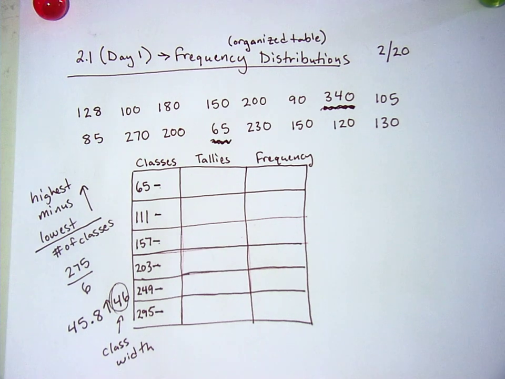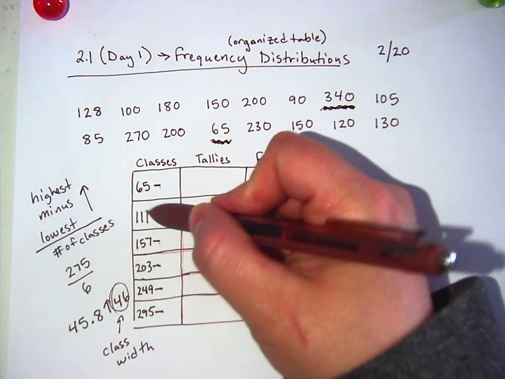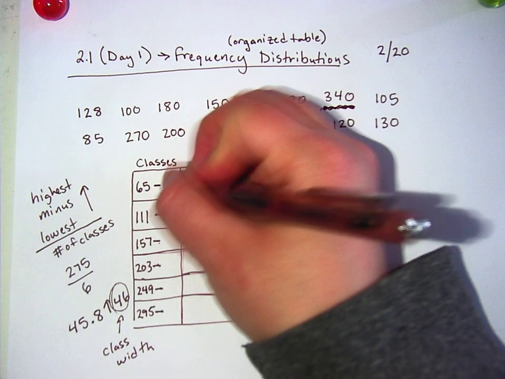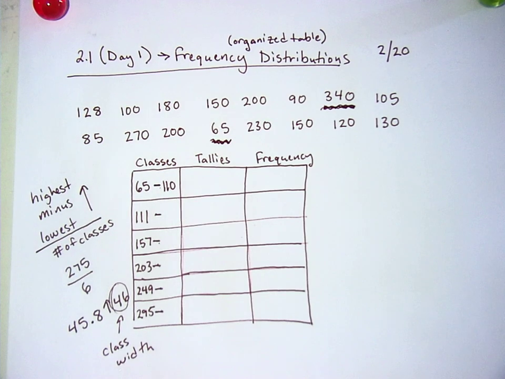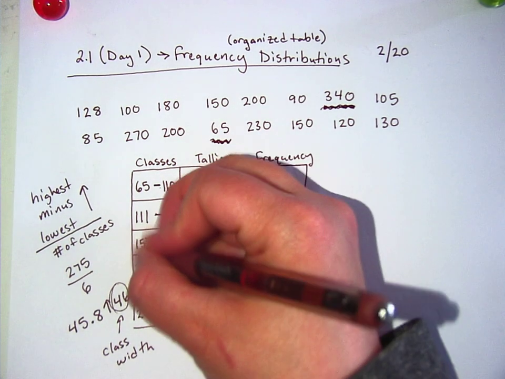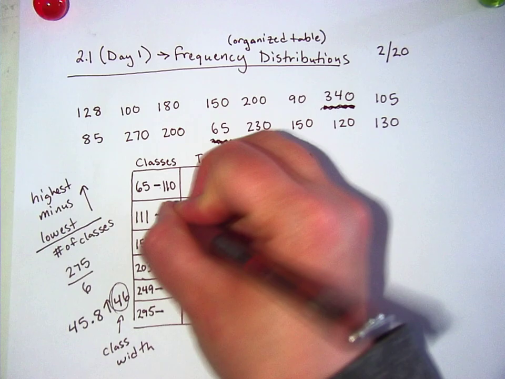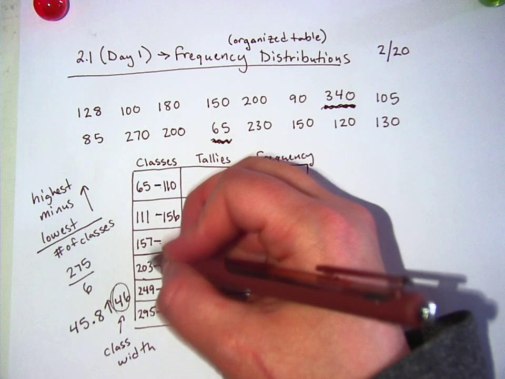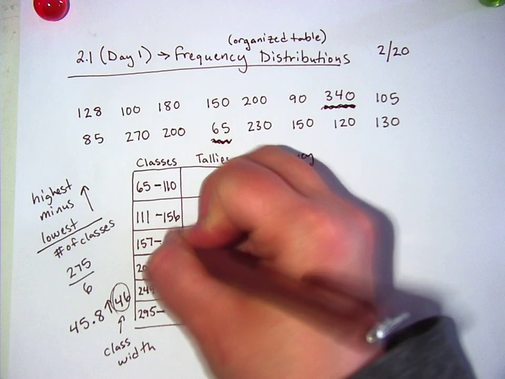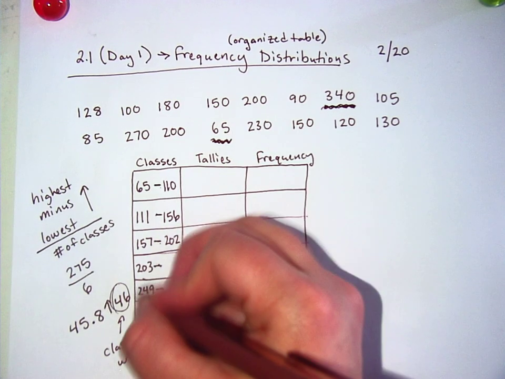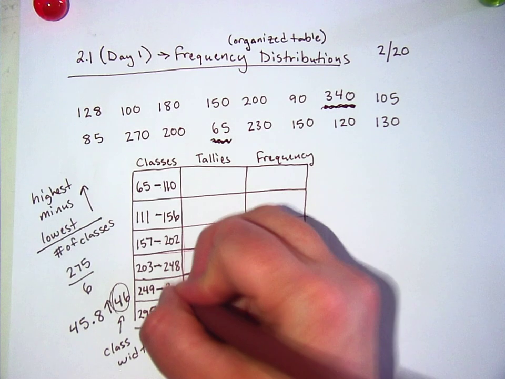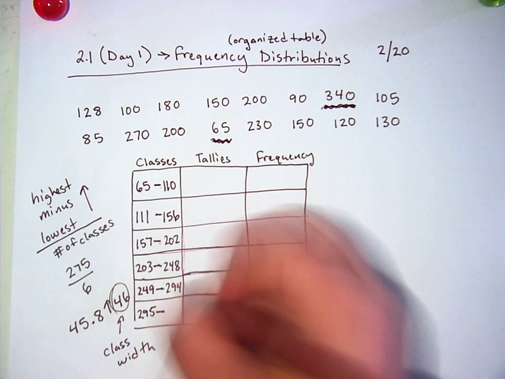Now, for what number should be on the other side of the class, it's the number that's right before this one. So right before 111 is 110. Right before 157 is 156. Right before 203 is 202. This one's 248. This one is 294.